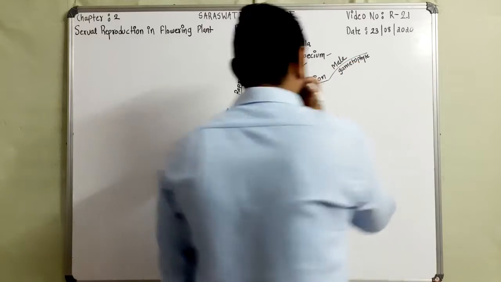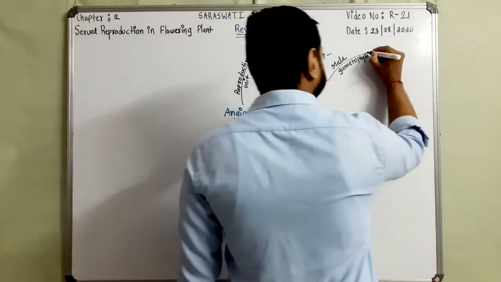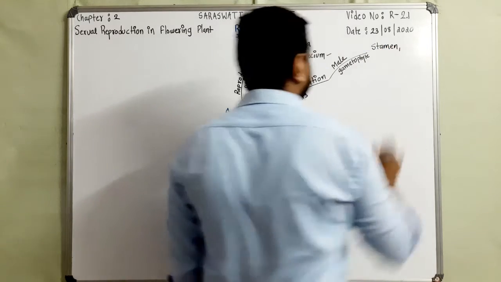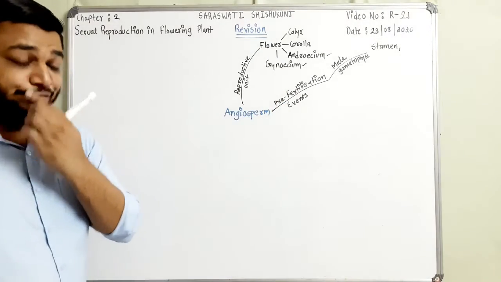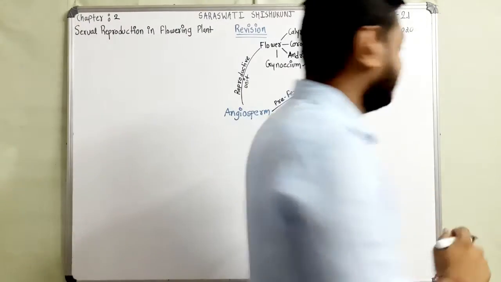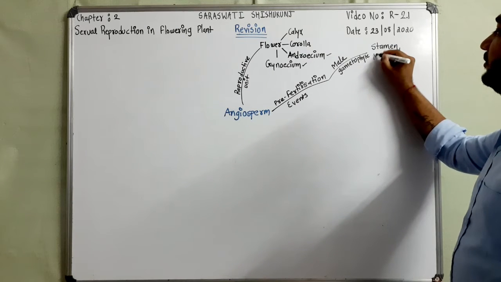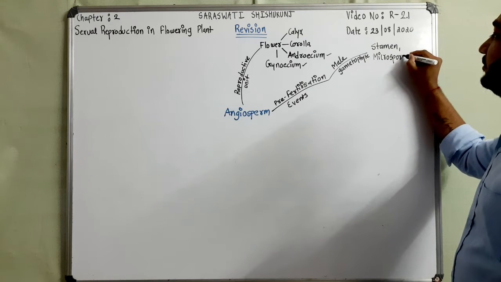Development of the male gametophyte occurs in the stamen. Stamen is the individual unit of the androecium. Our topic of the male reproductive system involves the stamen, microsporangium and pollen.